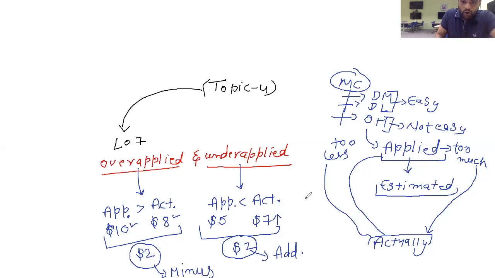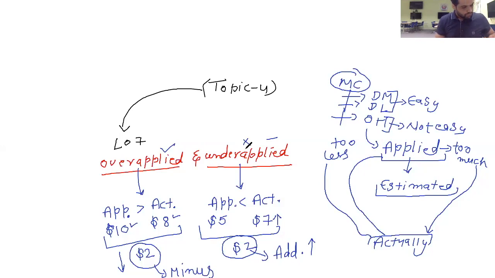My manufacturing or overhead cost will increase here, and here it will decrease. So over applied gives a good impact on overall company profitability, because minus means your profitability increases, while under applied gives a negative impact on the business. So that's the idea behind over applied and under applied.